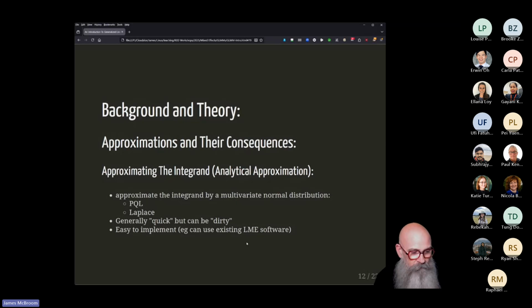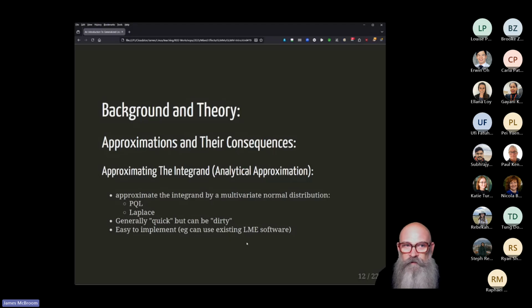If anyone's ever used the glmmPQL function in the MASS library in R, I developed the algorithm for that and gave it to Brian Ripley. Brian Ripley was my DPhil supervisor at the time. And Brian coded that up and put it into MASS. It's very simple.